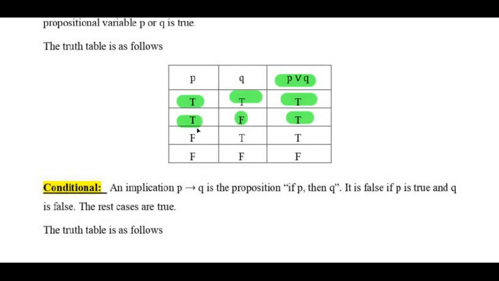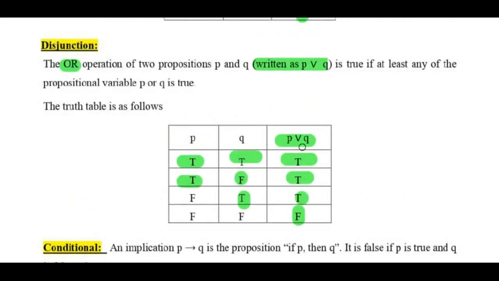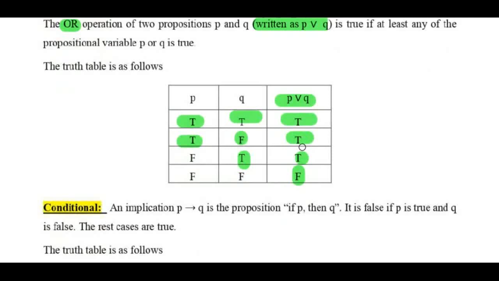At least one statement is true, so write true. In the third row we have at least one statement true, so you get true. The last one is false because both statements are false, so P or Q is false. So the disjunction connective is nothing but if at least one statement is true, we get P or Q is true.